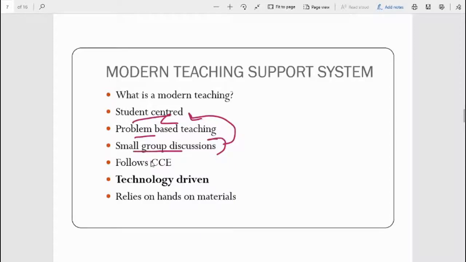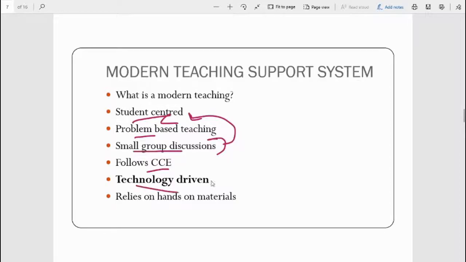It follows CCE, continuous comprehensive evaluation, unlike the traditional teaching method where they had assessment at the end. But in this, assessment goes along with the teaching learning process. Because of this, the teacher can understand where this particular learner is lacking. They can diagnose there, because the teaching learning process is not over yet, it is still running.